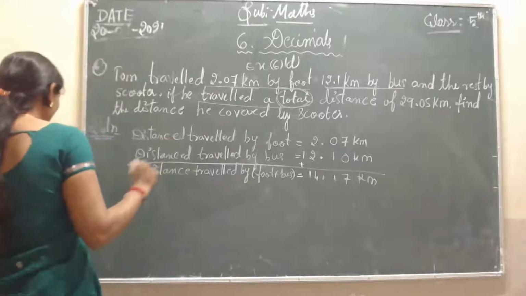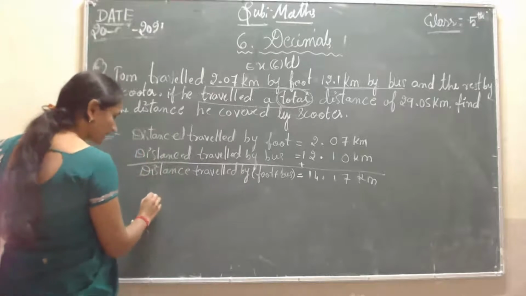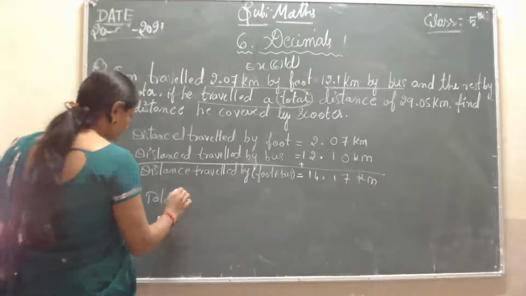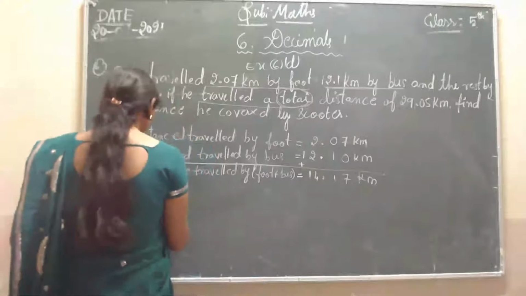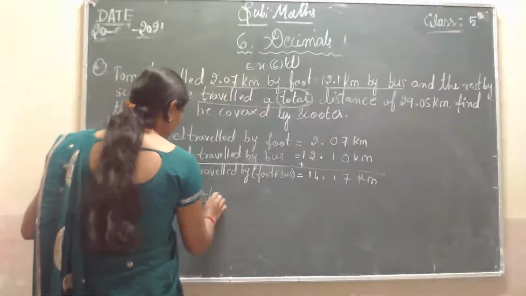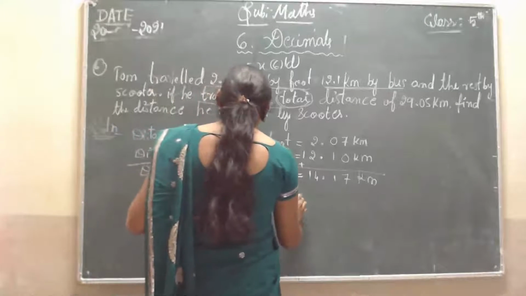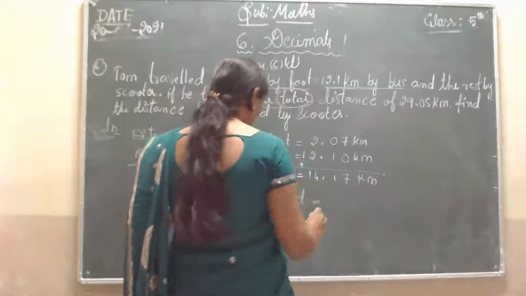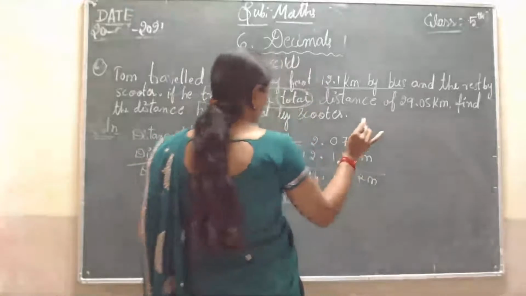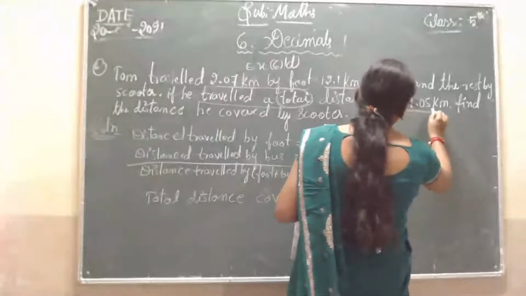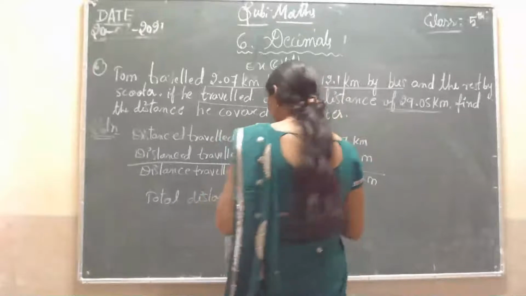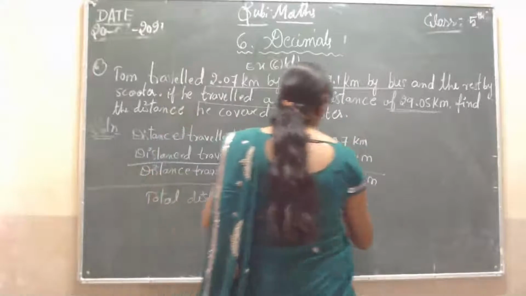So next you have to write the total distance. The total distance covered. See here, the total distance is given, 29.05 kilometers. This is the first statement.